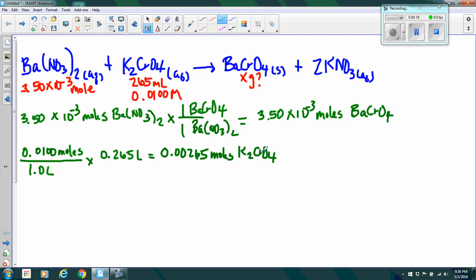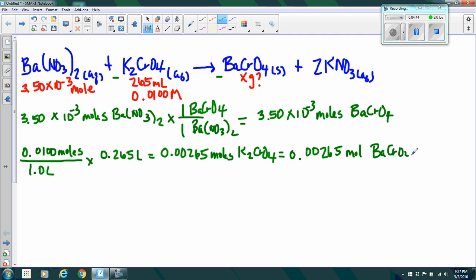Now, I cannot compare this to this because I have apples and oranges again, so I need to get it to the same substance. But if I look, you guys can see that this is 1 barium chromate with 1 potassium chromate, and so the ratio is 1 to 1. So I do have 0.00265 moles of my barium chromate.